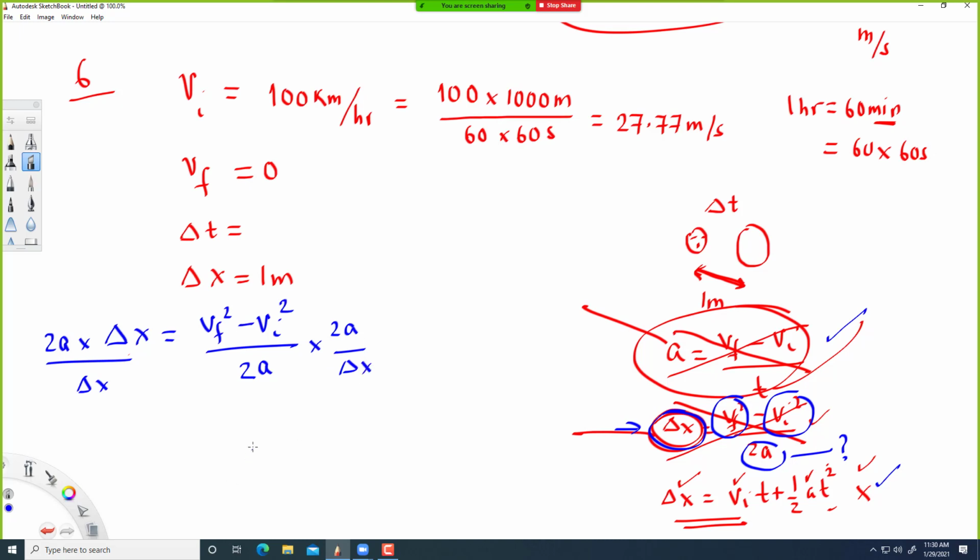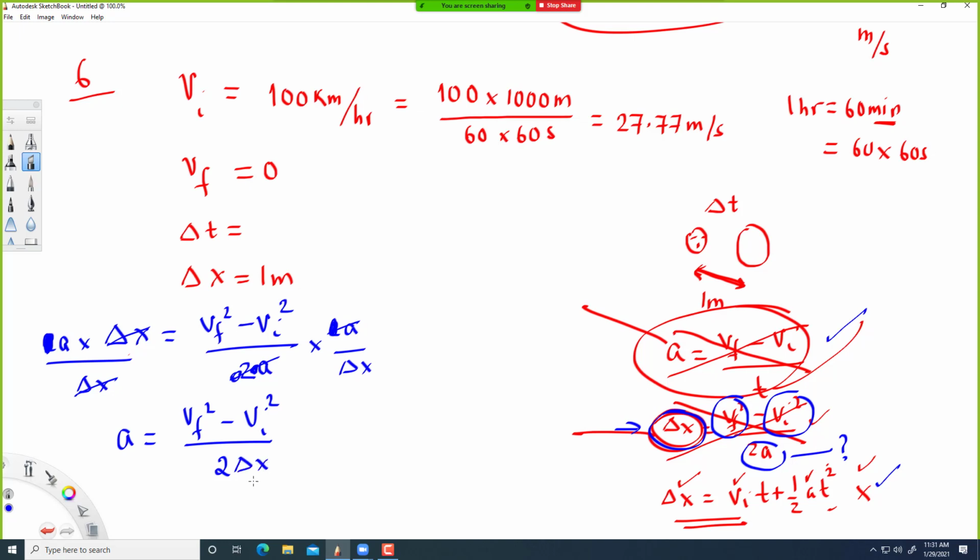So A is equal to V final squared minus V initial squared over 2 delta x.